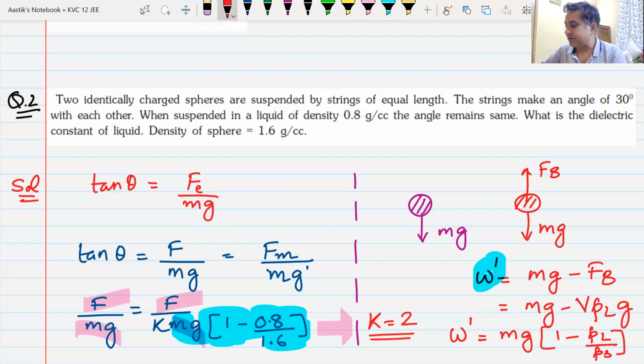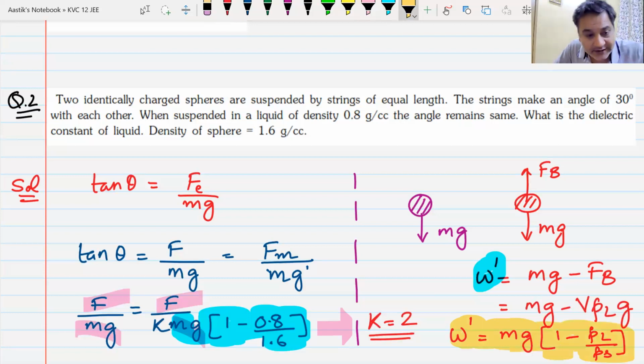What you've got to remember is this formula for apparent weight. Remember it. You might need it in some other question on buoyancy as well. So with this question, we covered buoyancy as well as electrostatics. Anyone has noted this down?